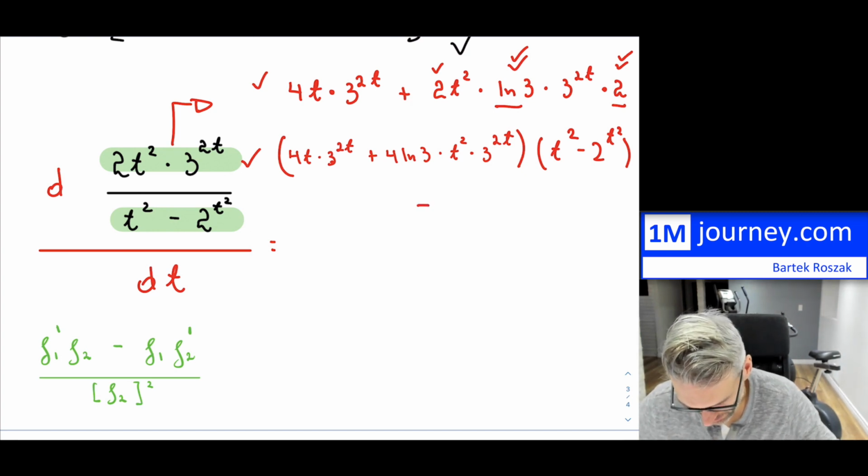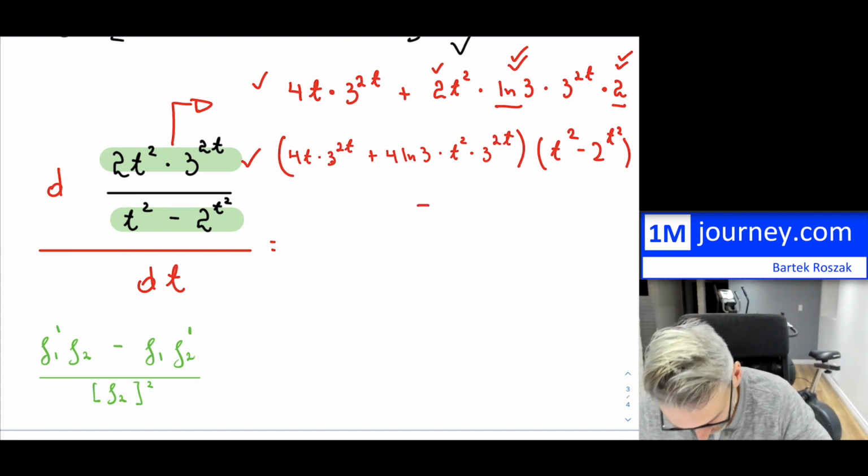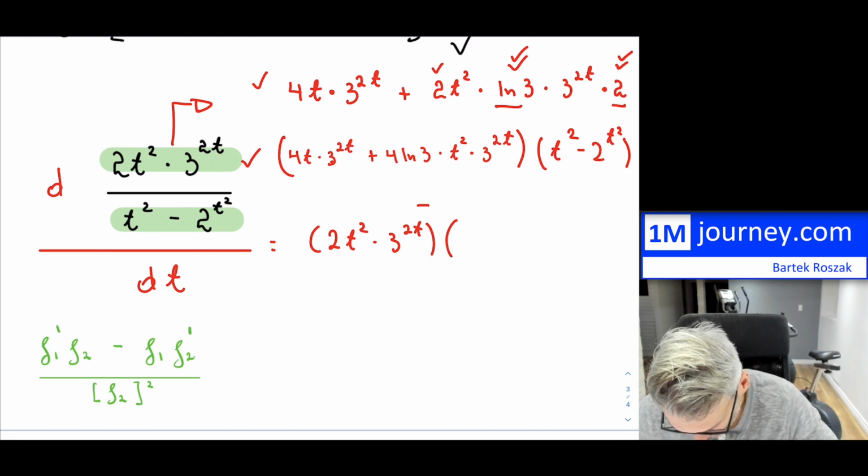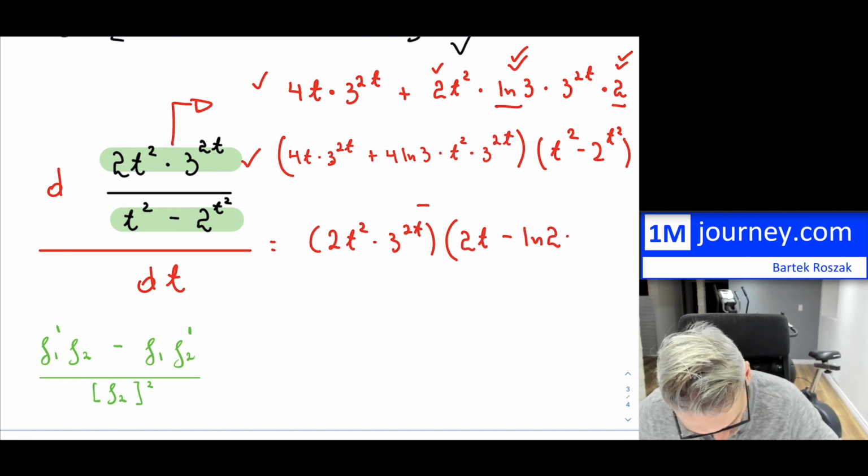Now I need the, this is going to stay, so 2^t squared times 3 to the 2t, and now the derivative of the denominator, this one hopefully is going to be a little bit better, so that's 2t, the derivative of that, minus, well, this one's not going to be actually that nice, so this is ln 2, and this is times 2^t squared multiplied by 2t.